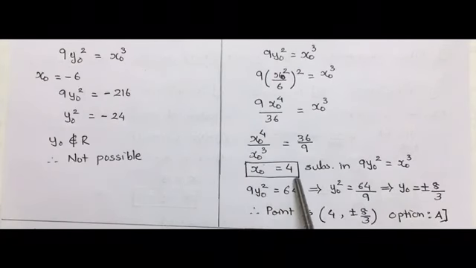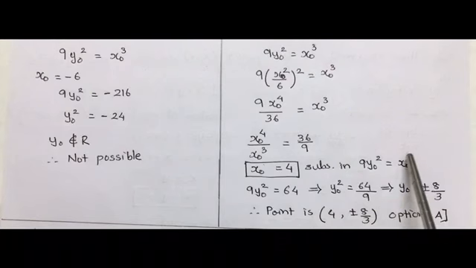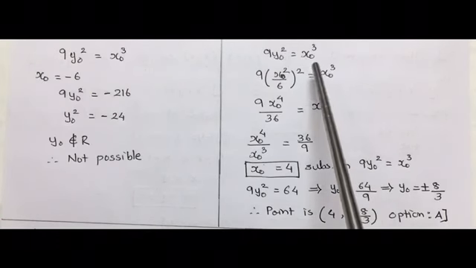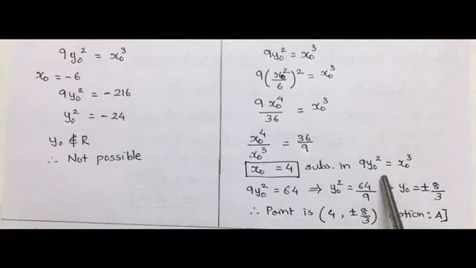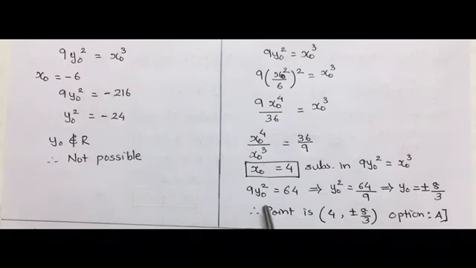Now x0 equal to 4 is substituted in the curve 9y0 square equal to x0 cube. So we get 9y0 square equal to 64. y0 square will be 64 by 9 and y0 will be plus or minus 8 by 3 after taking the root. Therefore, the point is 4, plus or minus 8 by 3, and option A is the correct option.